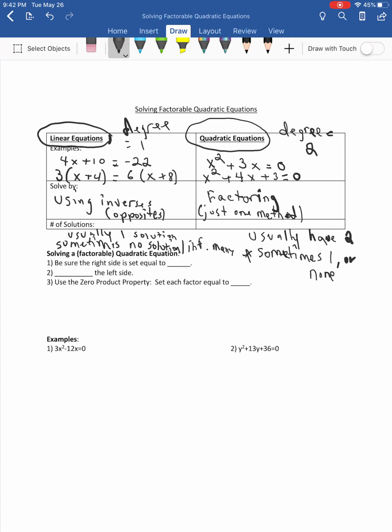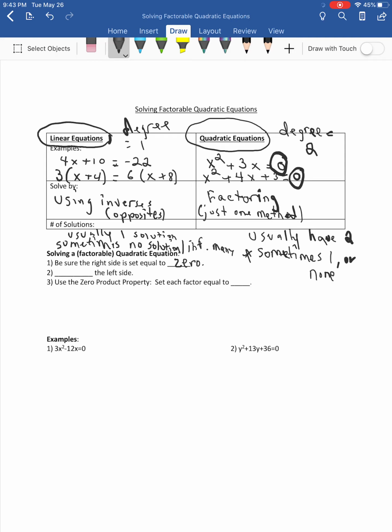Okay, so to solve a factorable quadratic equation, step 1, be sure that the right side is set equal to 0. Okay, the standard form of a quadratic equation is always set equal to 0. All right, we don't see that in linear equations. Okay, in goal 6, all the quadratic equations you're going to see, which is just this assignment, will be set equal to 0.